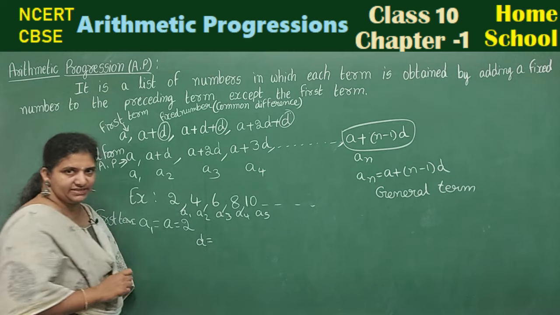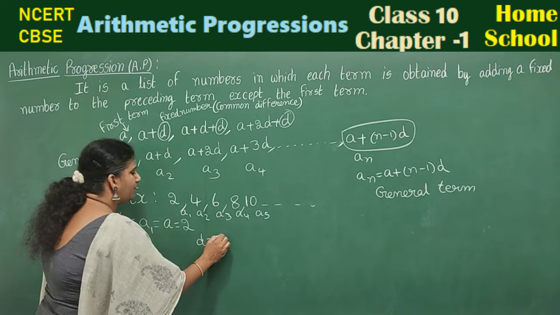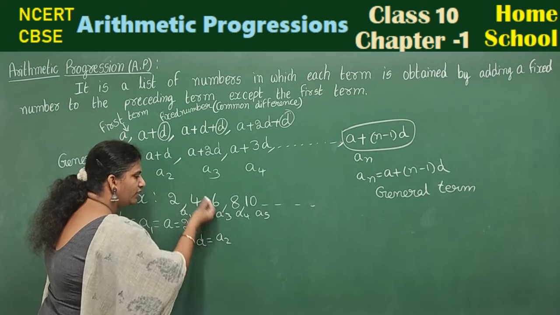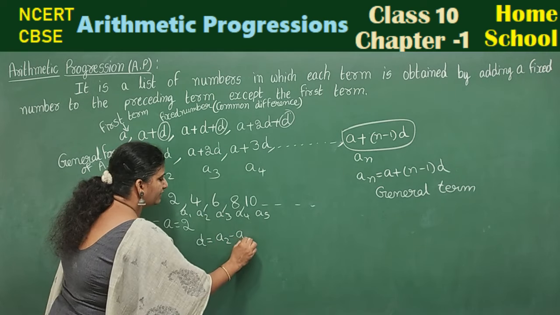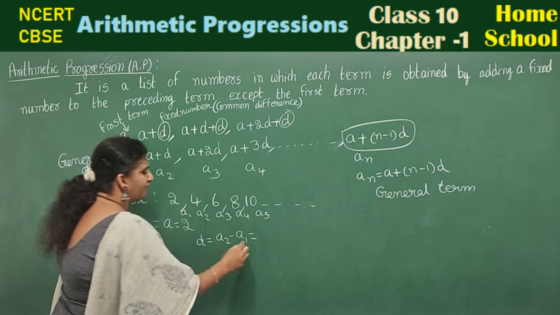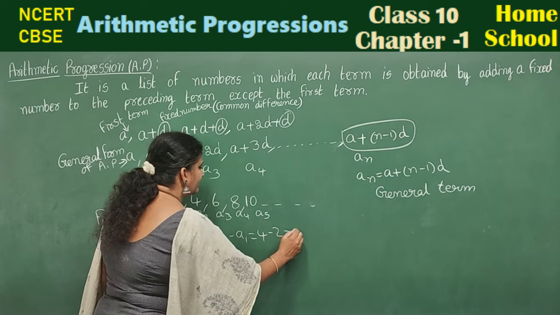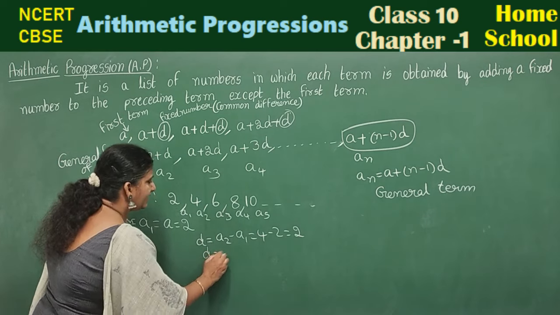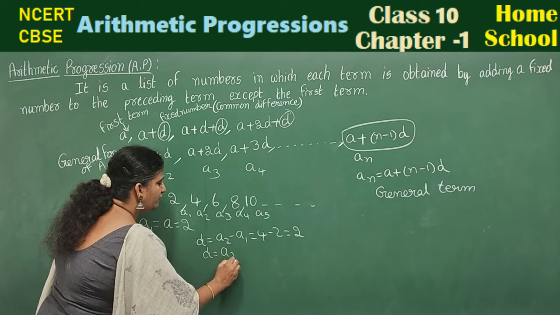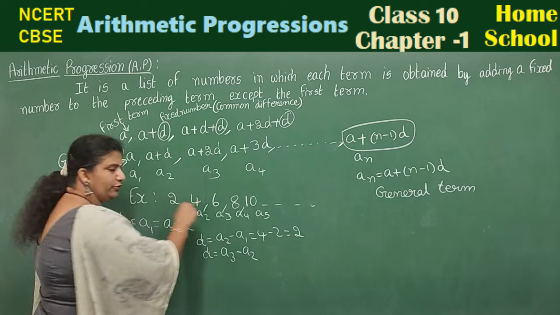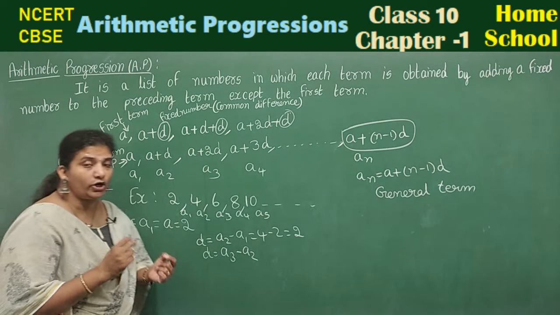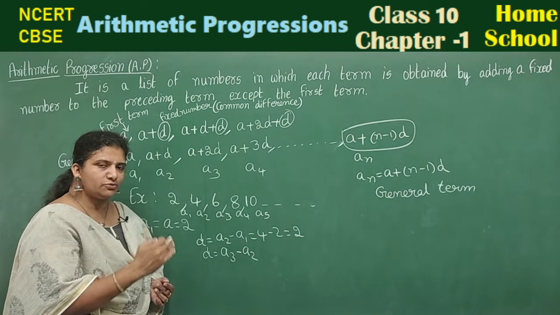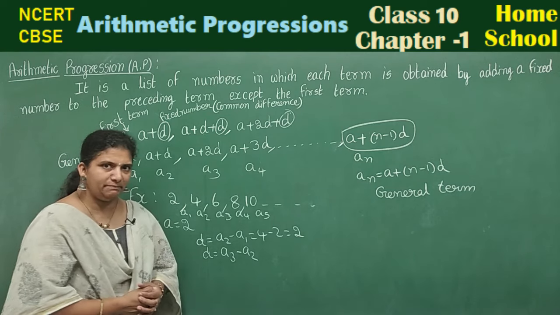Common difference d is equal to every number minus the term before it. A2 minus A1, 4 minus 2, it is 2. Okay. And let us see the next pair. A3 minus A2. We are talking here, every term is obtained by adding a fixed number.